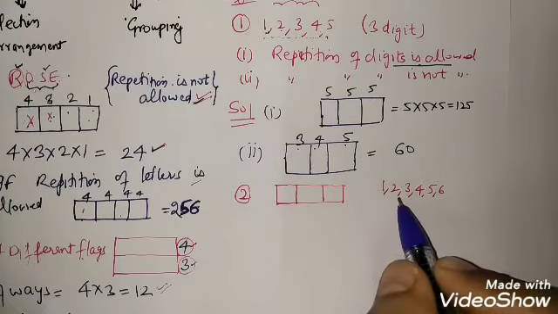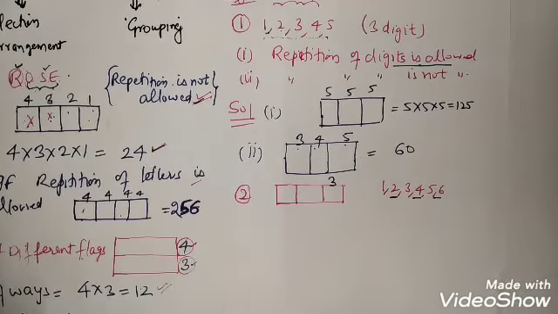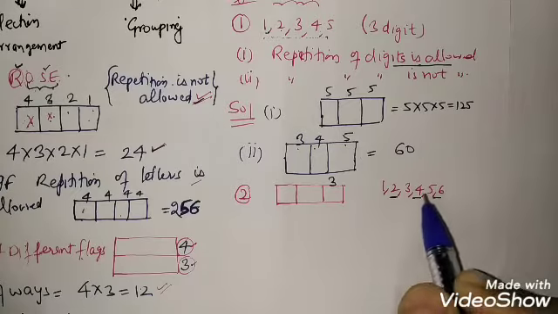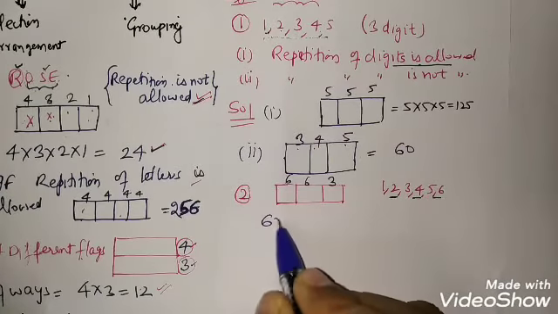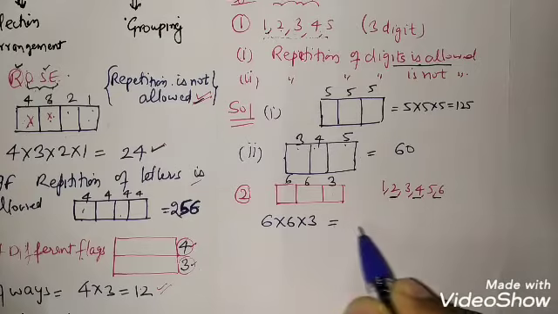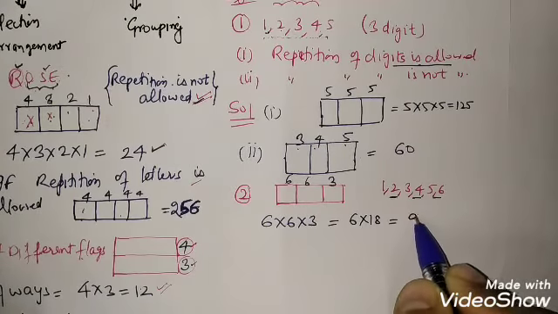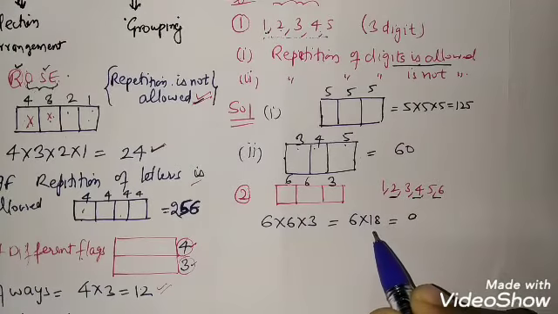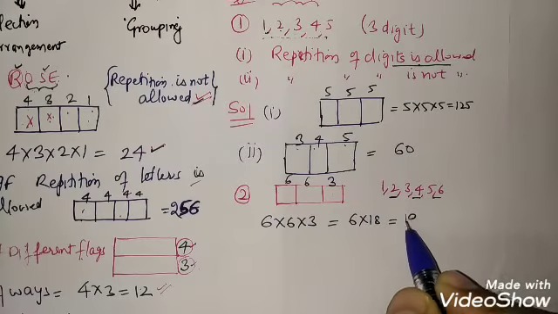See, for an even number, we have 3 choices, and digits can repeat, so we have 6 as well as 6 choices for these. So the answer is 6 into 6 into 3, that is 6 into 18, which equals 108. Sorry, it's 108, not 96.